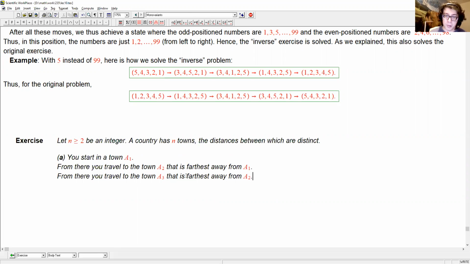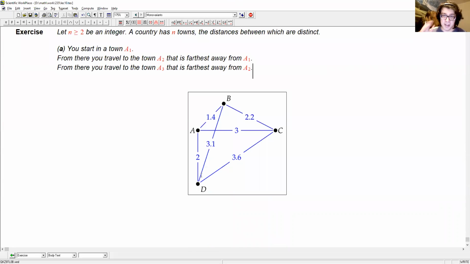To illustrate it, here is an example of a country with just 4 towns and the distances between them, well, approximately, but still. They're precise enough so you can tell which of them are longer.